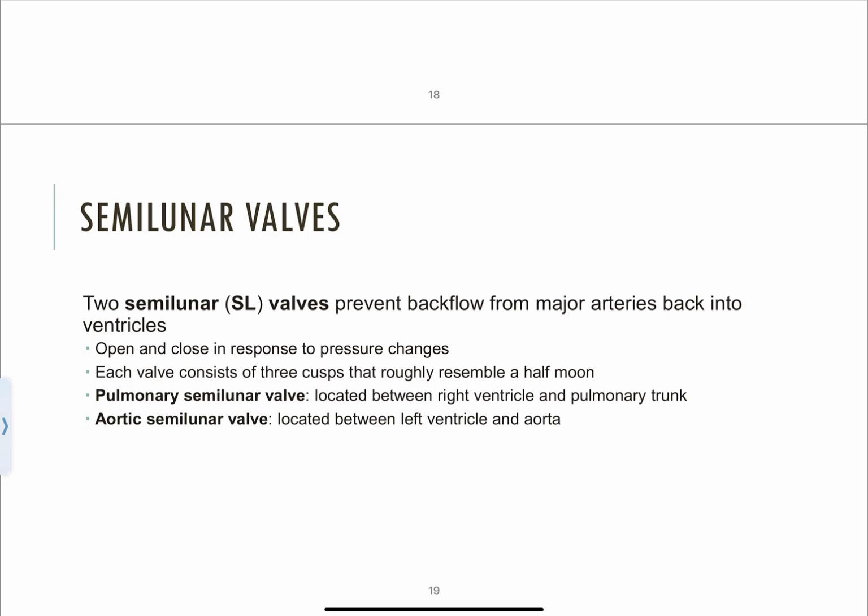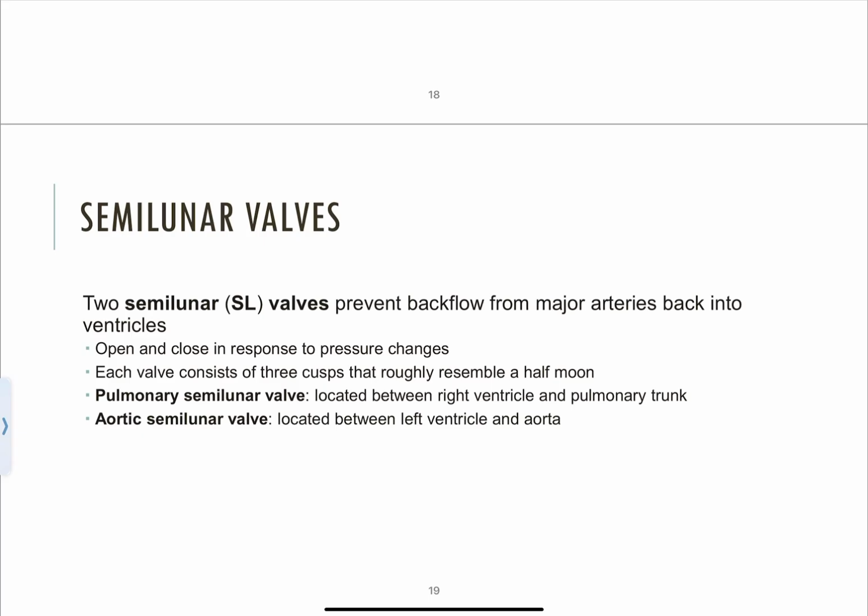When our ventricles contract, the pressure inside the ventricles rises above the pressure in both the aorta and the pulmonary trunk. At this point, the semilunar valves are forced to open, and their cusps flatten against the walls of these arteries, allowing the blood to go through.